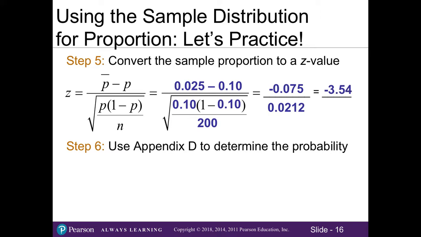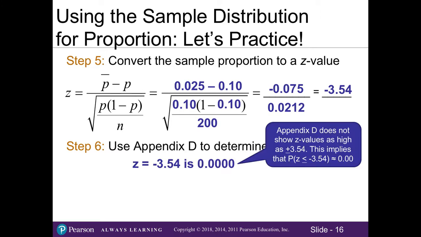And this is why it matters that our sampling error is negative, which then affects our z-value. The negative z-value tells us that we're on the left side of the curve. So here we'll go ahead and use Appendix D to determine the probability. When you look at the Appendix D, you'll notice that it does not go past 3, because Appendix D does not show values as high as plus or minus 3.54.